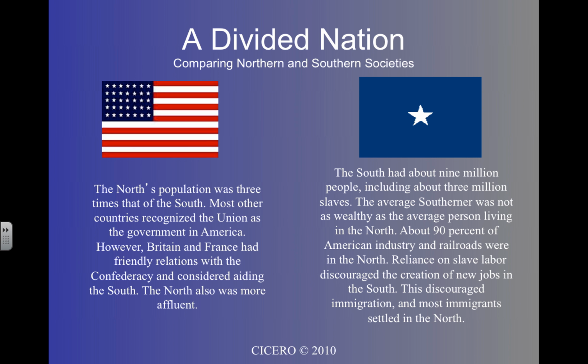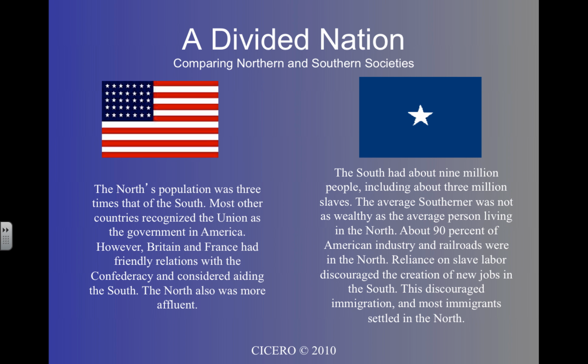So between the North and the South, you had these huge differences. The North had a larger population, as it says here, and most countries recognized the Union as the primary government of America. So when it was separated, the United States was the Union states.